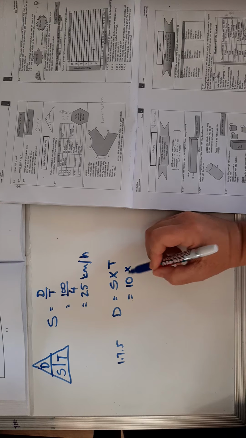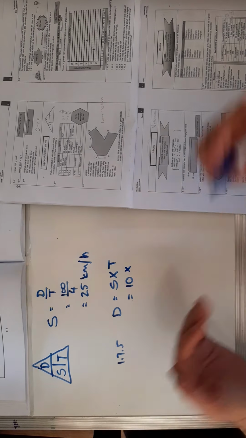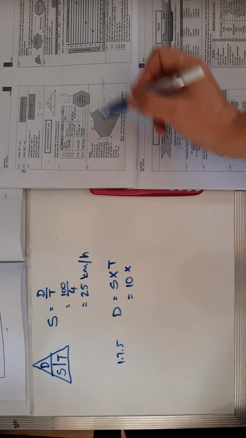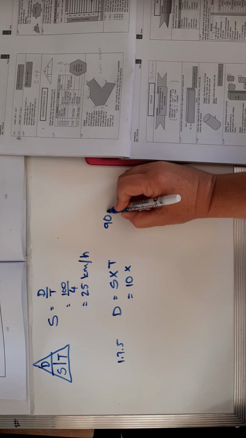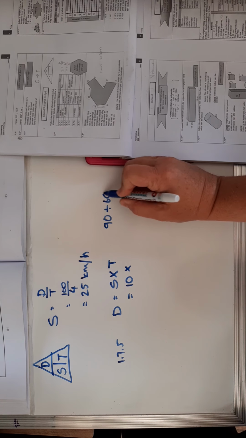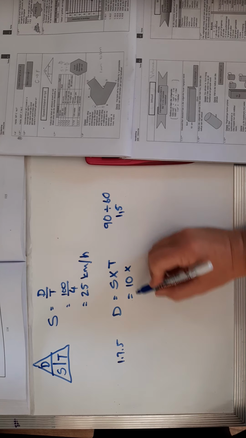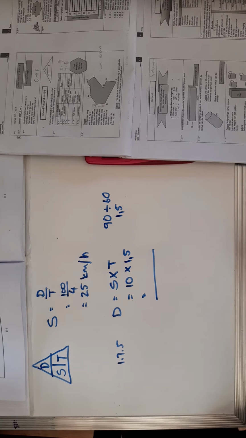But my time, they give me in 90 seconds. So I can't work with per minute and seconds at the same time. So just make sure, what do we know? We've done that before. 90 seconds is how many minutes? We just divide it by 60, there's 60 seconds per minute, so it will be 1.5. So there you times it by 1.5 and you get your answer, your distance.